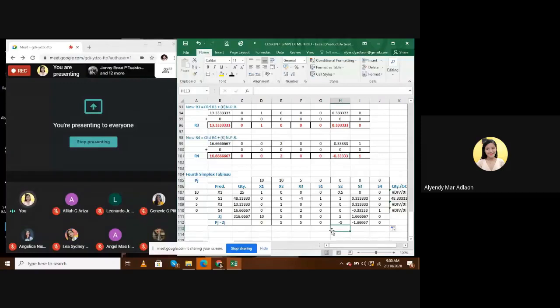Okay, so wait lang ha, let me check the. Okay, that is our fourth simplex tableau.